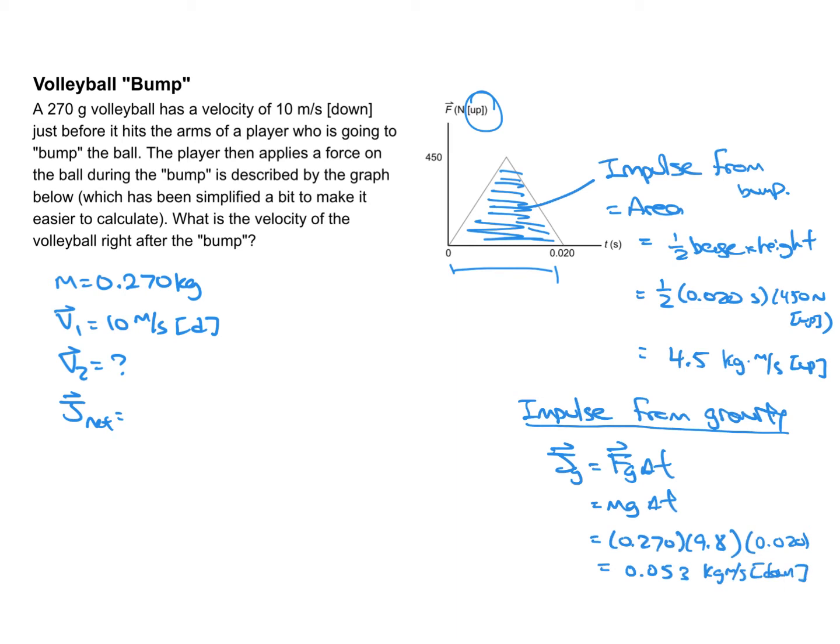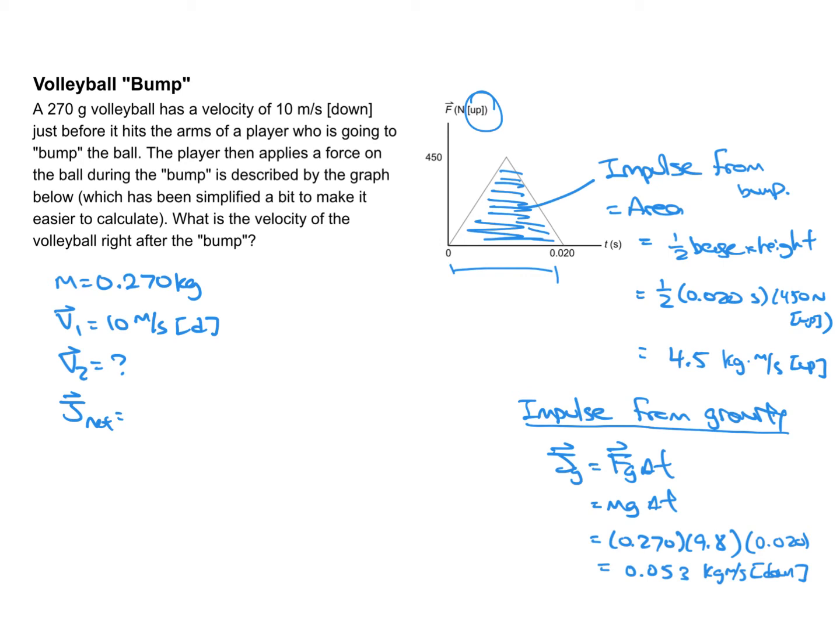Does it matter? It's not going to matter by much. If you compare that versus the 4.5, it's very, very small. So I don't think it will actually affect the answer.